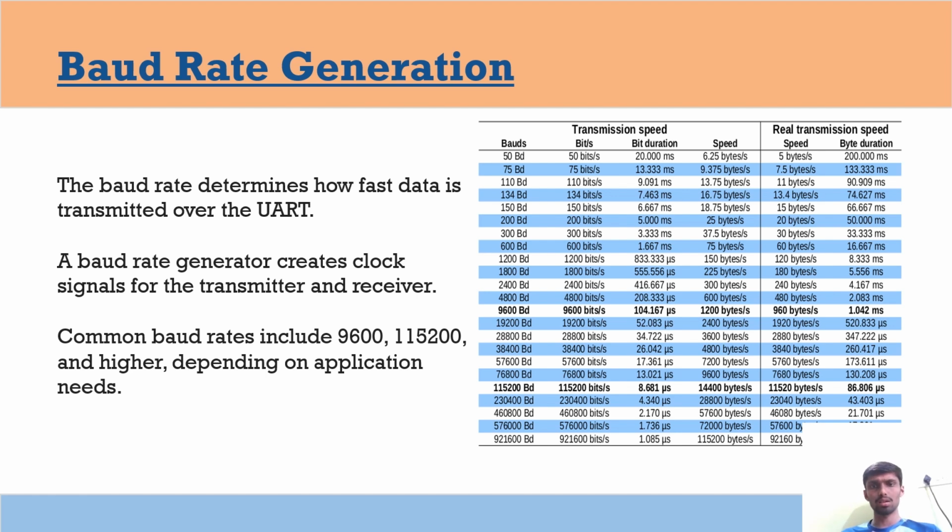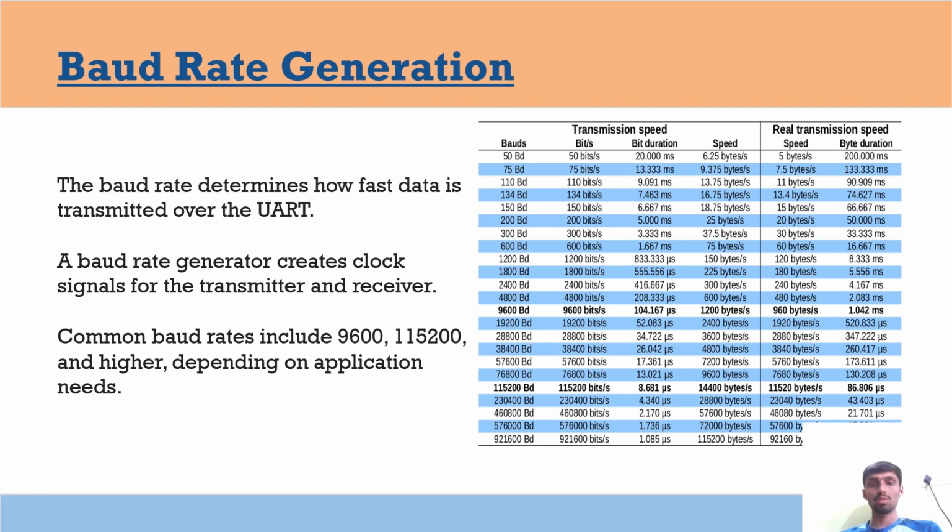And this is some data on transmission speed and real transmission speed, including baud, bits, bit duration, and the speed. In the case of 50 baud, the transmitted speed is 50 bits per second, the bit duration is 20 milliseconds, and the speed is 6.25 bytes per second.